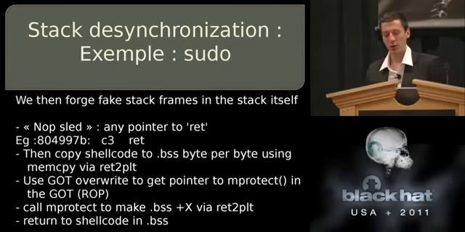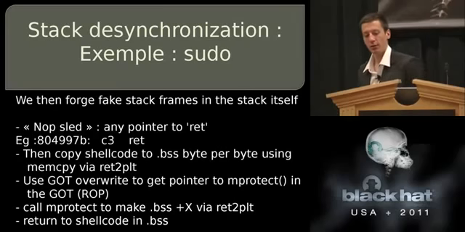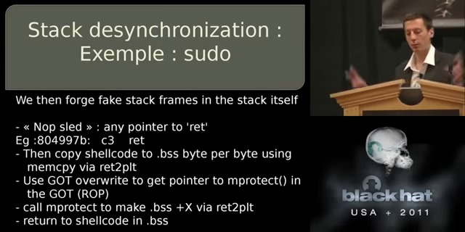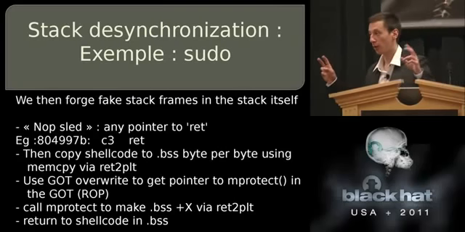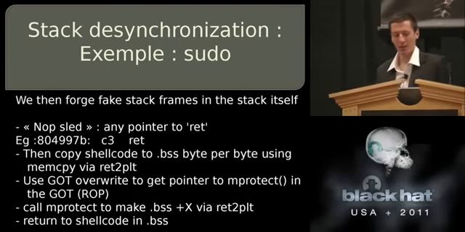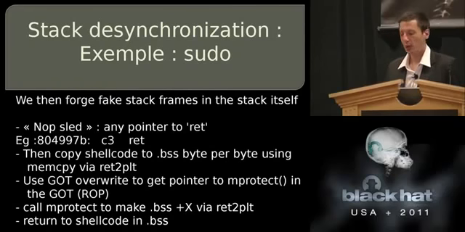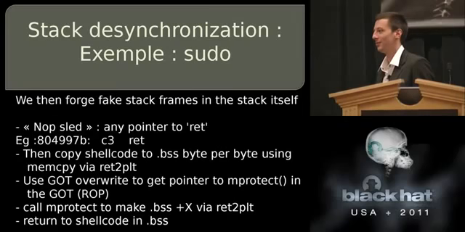So this is a way to introduce mprotect inside the GOT. Afterwards we use ret to PLT, and when I say call mprotect, we actually call the slot of printf. This allows us to change the memory permissions on the BSS, and then we just return to our shellcode.